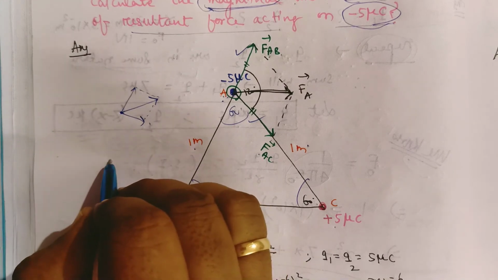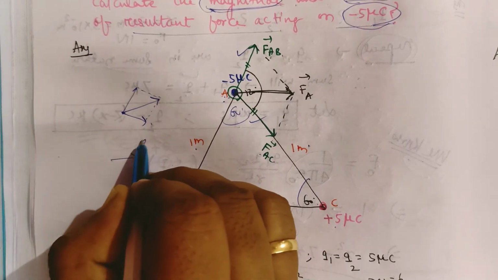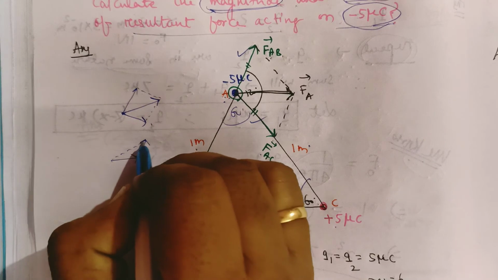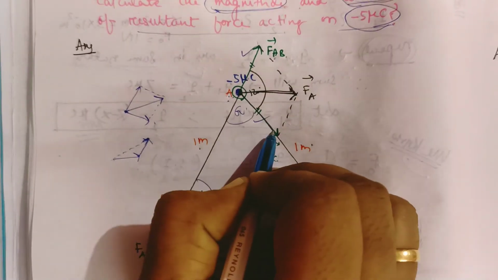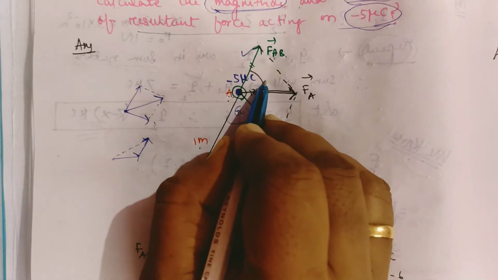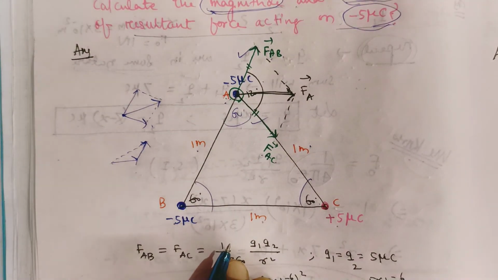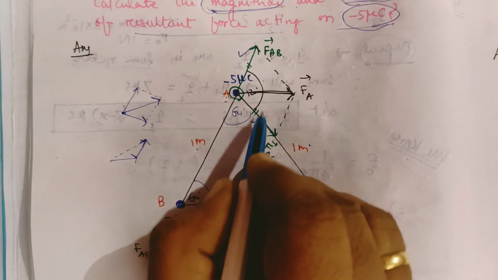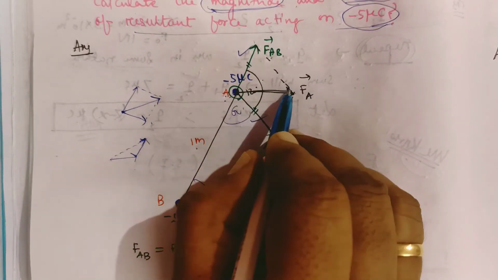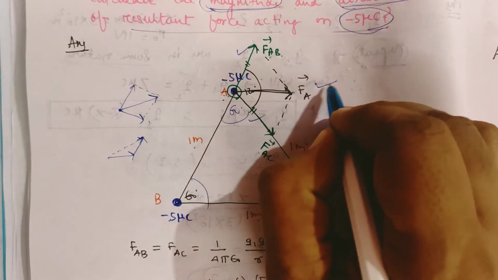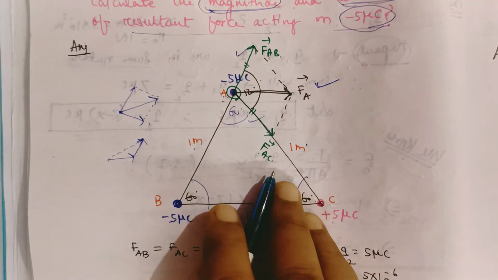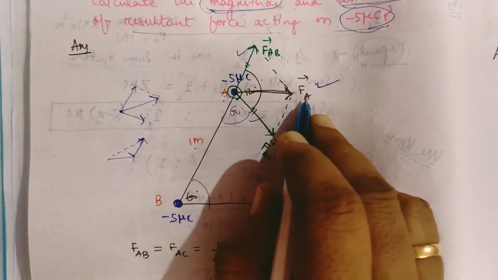In a triangle law, if two vectors are represented like this, resultant force will be in this way. So here at a single point, two vectors are acting, so use the parallelogram law. From 11th class parallelogram law, you know that the diagonal, starting from the same point, will be the resultant force. So you are getting your direction here, F A vector. Now you have to proceed to the magnitude of F A.